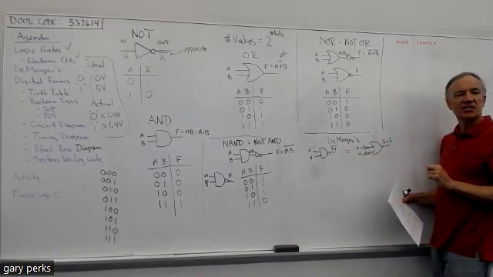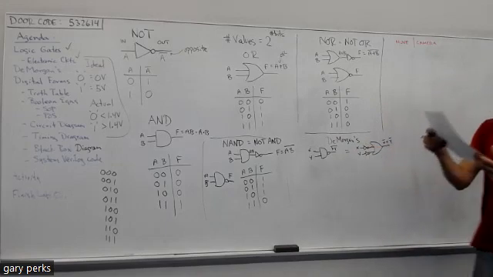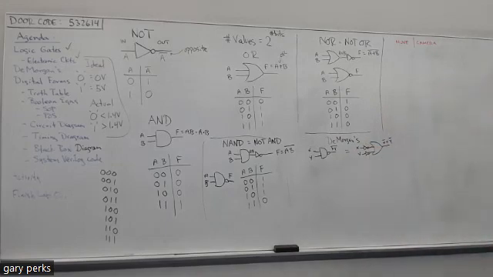So you see, one part of De Morgan's says that a NAND gate is equal to an OR gate with the inputs inverted. Now we're going to prove this in a little bit, but let's look at the second part of De Morgan's, because again, De Morgan's has two parts to it. The second part of De Morgan's, that's the 15B. So looking at 15B, what's on the left side of that equal sign? That Boolean expression is what kind of gate? That's a NOR gate, right?